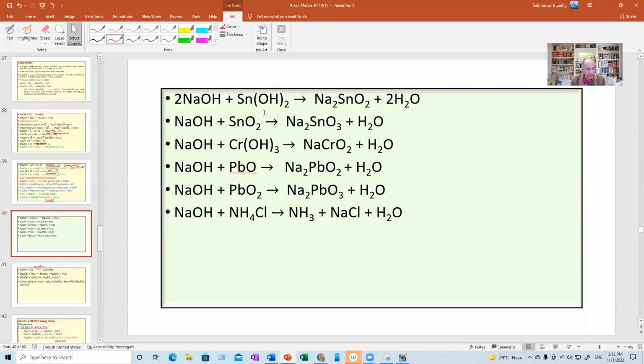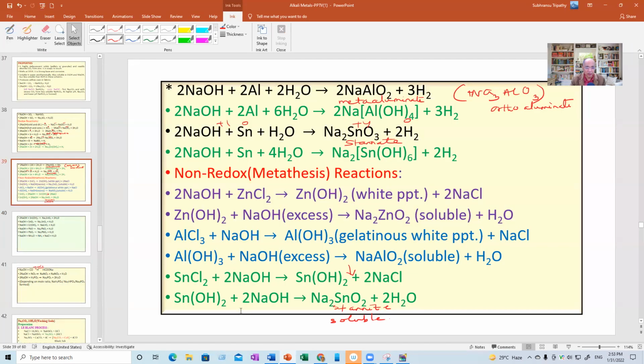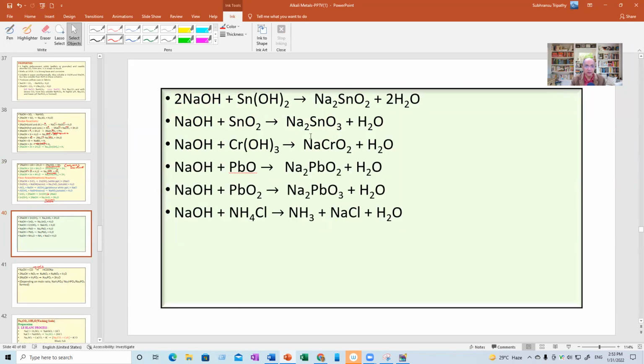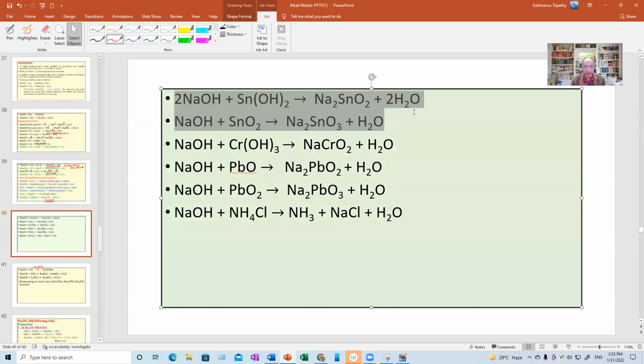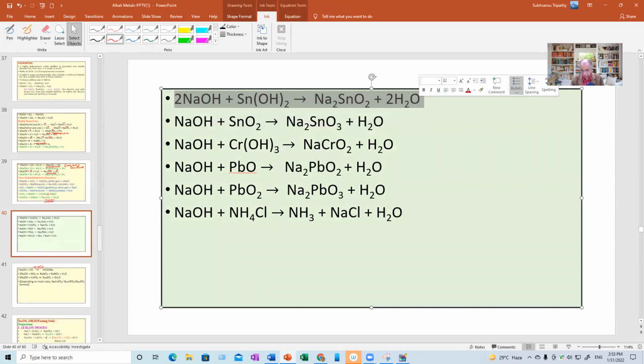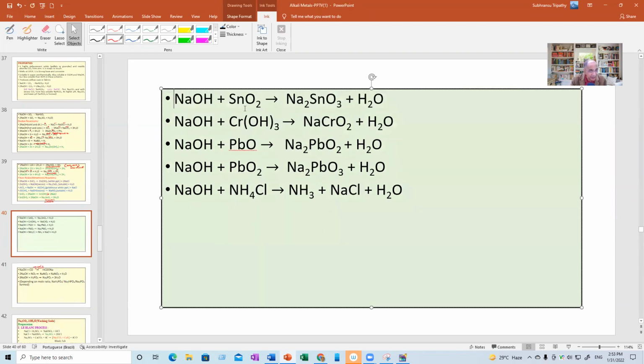Now coming to some other non-redox reactions, this I have already shown here. This is a repetition, no need. If it is stannic, then it will form stannate. This is again metathesis, plus 4, plus 4. If it is chromium, it is chromite, not chromate.